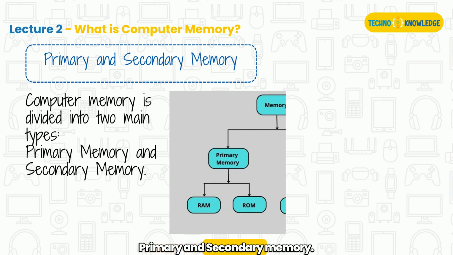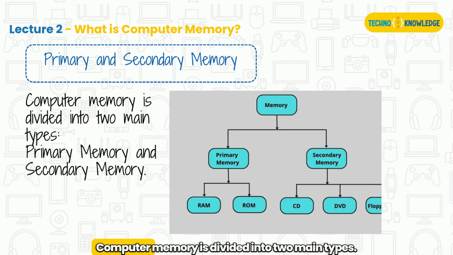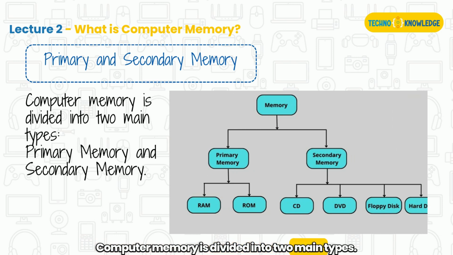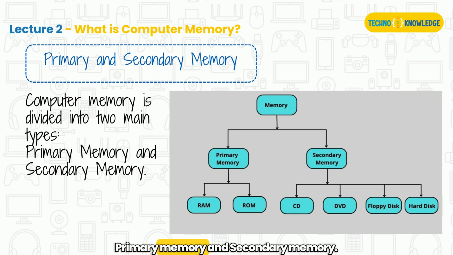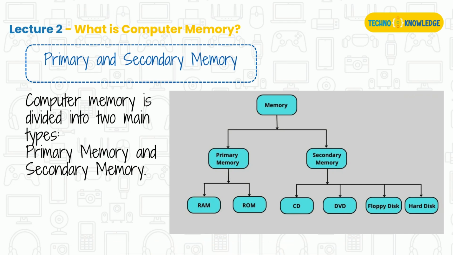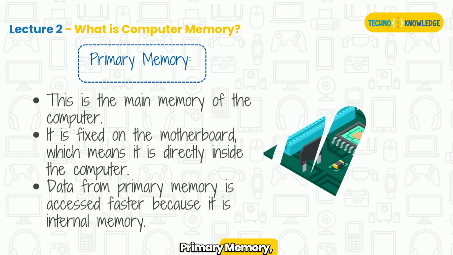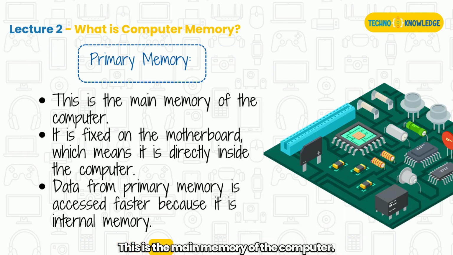Primary and secondary memory. Computer memory is divided into two main types: primary memory and secondary memory. Primary memory. This is the main memory of the computer. It is fixed on the motherboard, which means it is directly inside the computer. Data from primary memory is accessed faster because it is internal memory.